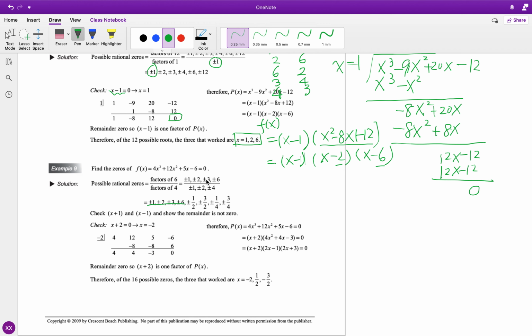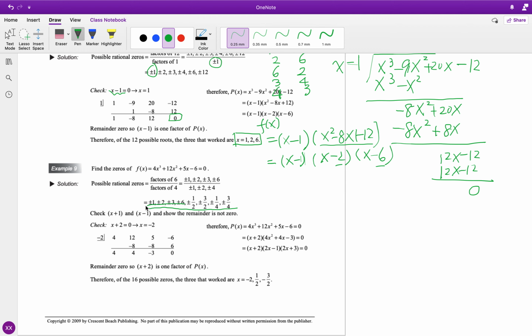And then we use a 3 divided by that, that's fine, that's just a 3. And then this is 3 over 2. 3 over 2 is already here. And 3 over 4, 3 over 4 is here. Now this one divided by 1, that is 6. We already have that. And this already have 3. And then we already have 3 over 2. All right? So our possible zeros or possible roots are this many. So we just have to test them one by one.